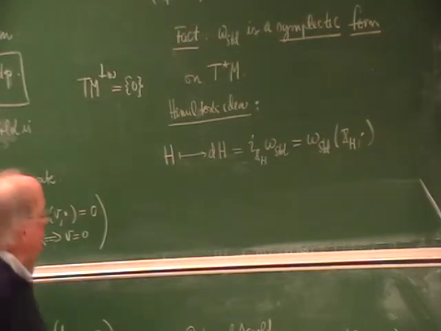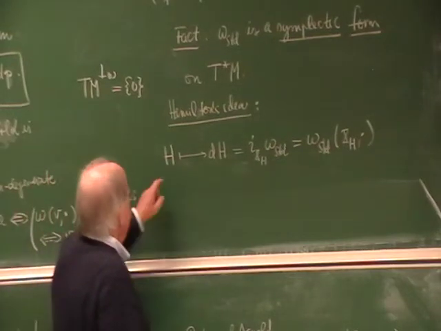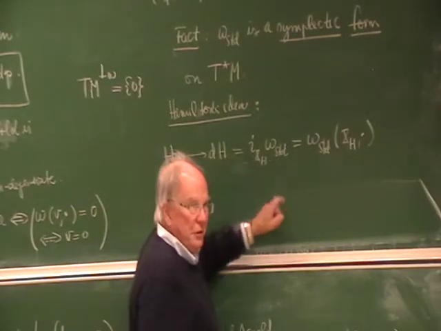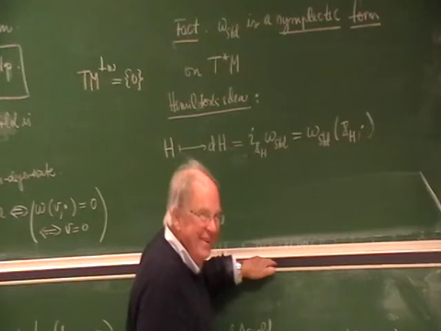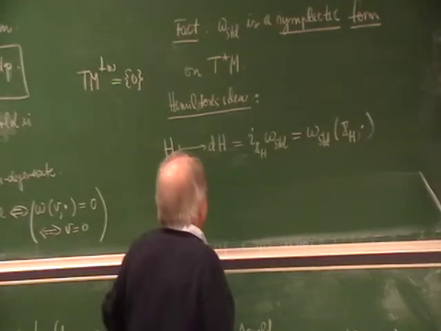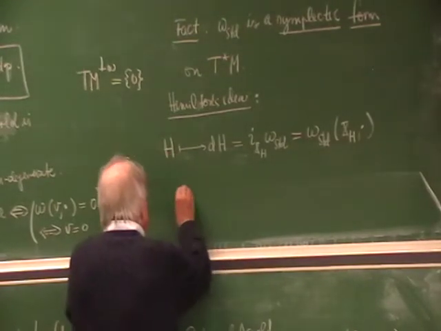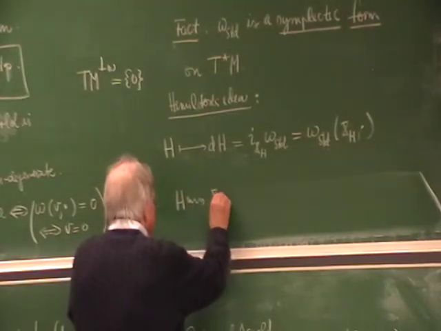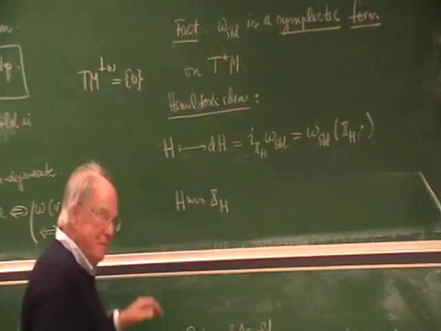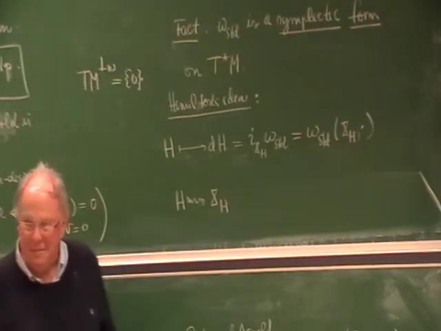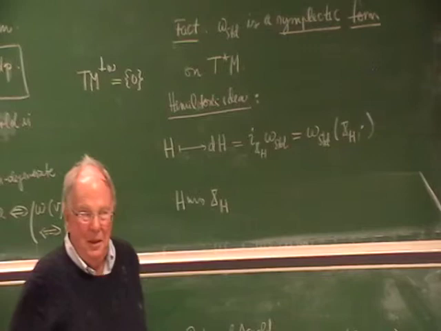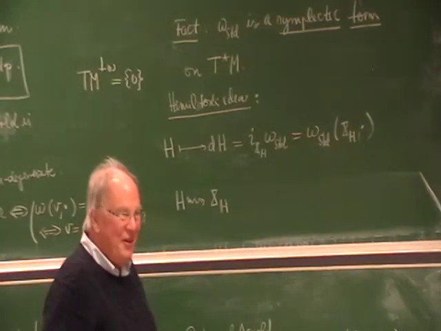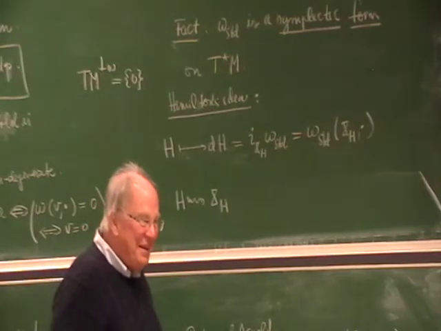Okay, so this is a mapping from functions to one forms to vector fields. Okay? From one forms, functions to vector fields. Suppose you have coordinates, like we have here for the whole lecture, q and p.